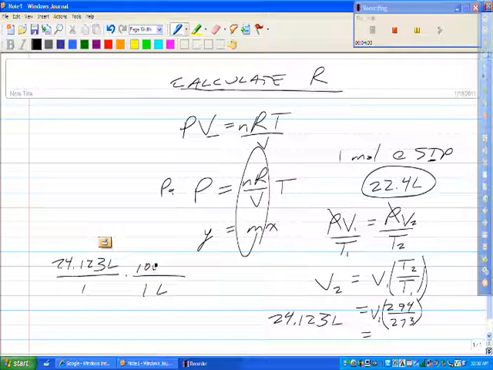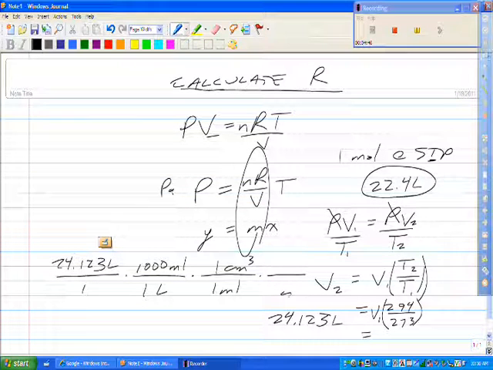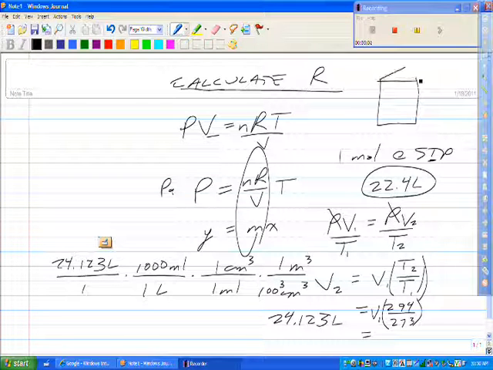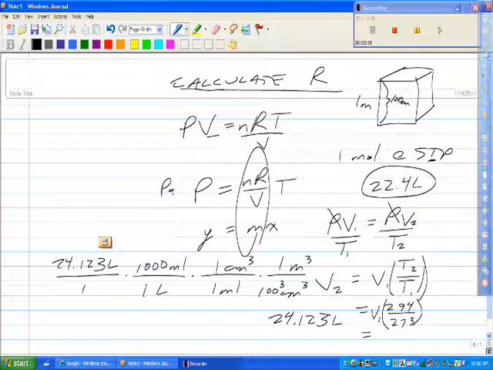I know that 1 liter is 1,000 milliliters, and 1 milliliter is a cubic centimeter. Then I just have to be careful, remembering that when I go from cubic centimeters to cubic meters, it's not 100 centimeters in a meter. It's 100 raised to the 3rd power cubic centimeters. And if you think about that, right, if you've got a cube, if this is a 1 meter cube, that means that this dimension is 100 centimeters.